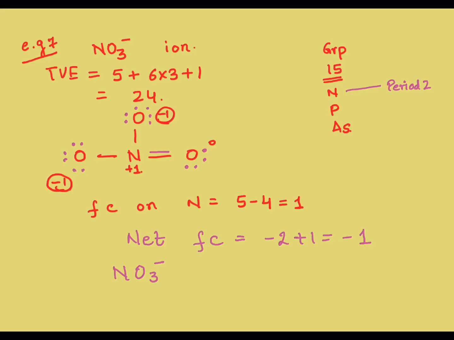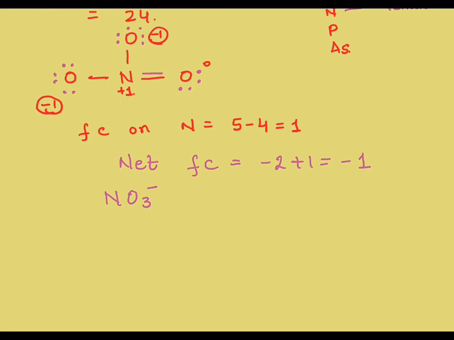Okay, now if you got the structure wrong and if you had by mistake done it like this, right? If you did it like this, don't worry, you have company.